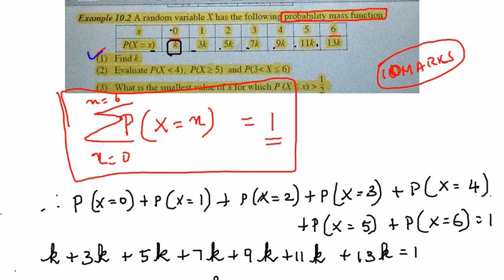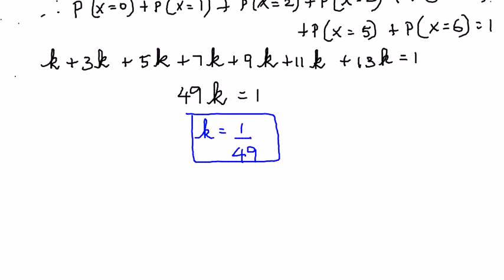Now they are asking us to find out p of x less than 4, p of x greater than or equal to 5, and p of x between 3 and 6. Let's take the first one, p of x less than 4. Okay, let me use a different color.